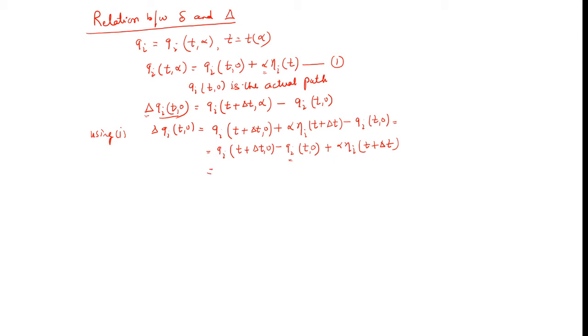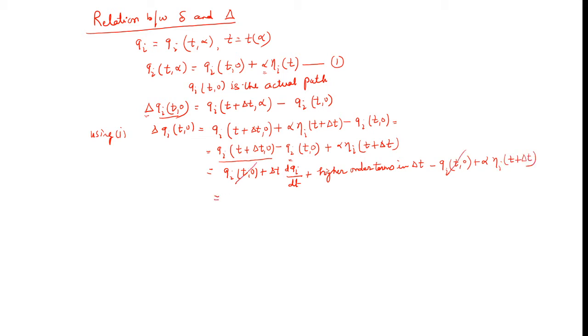Now I'll expand this by Taylor's theorem. Qi(t0) plus delta t dqi/dt, because this variation is involving the total variation. So dqi/dt plus higher order terms in delta t, minus Qi(t0), again alpha eta i(t + delta t).